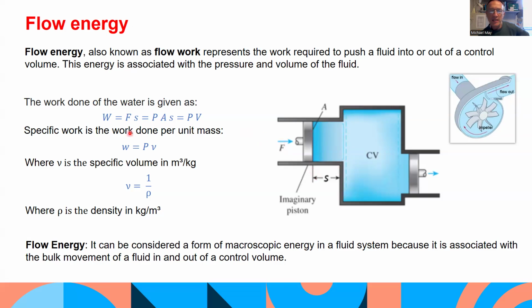So that's how we can express flow energy or flow work in terms of the pressure pushing that fluid multiplied by the volume that's being displaced. If we divide volume by mass, we get specific volume. And we can replace specific volume by 1 over density as well.